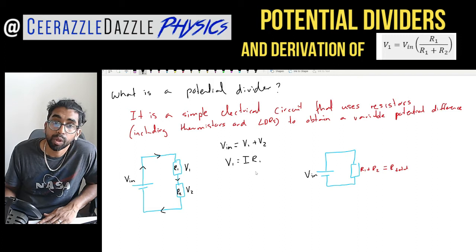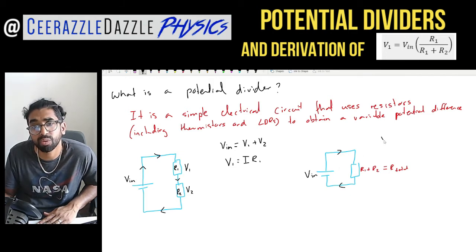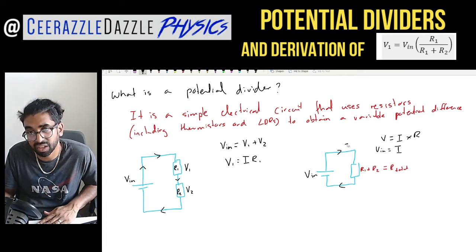Right, now, you know that for this circuit over here, we can link them very easily, the current and the voltage. We know due to Ohm's law, voltage is equal to current multiplied by the resistance. Okay, the voltage in will be equal to the current, yes, it's the total current, don't forget, times by the resistance in total over here.